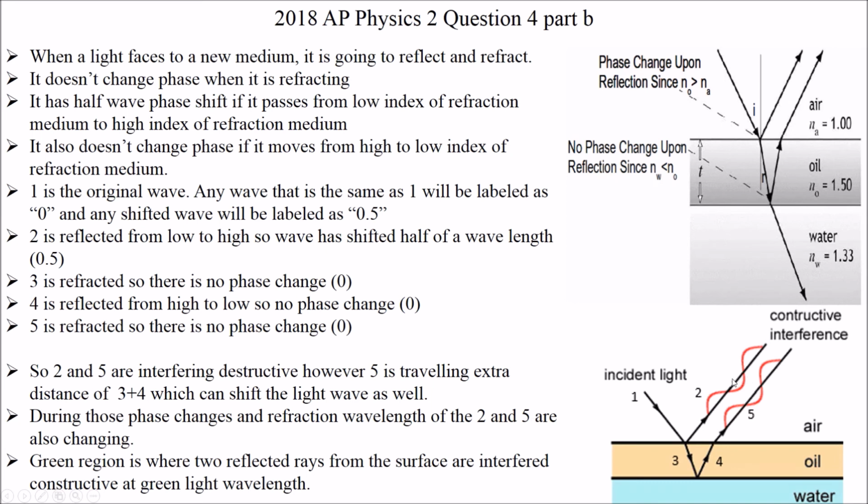But 2 and 5 are interfering constructively, and that constructive wave has a certain wavelength, and that wavelength corresponds to frequency, and that corresponds to color. So that color is green for that case, and those two waves are basically interfering constructively.